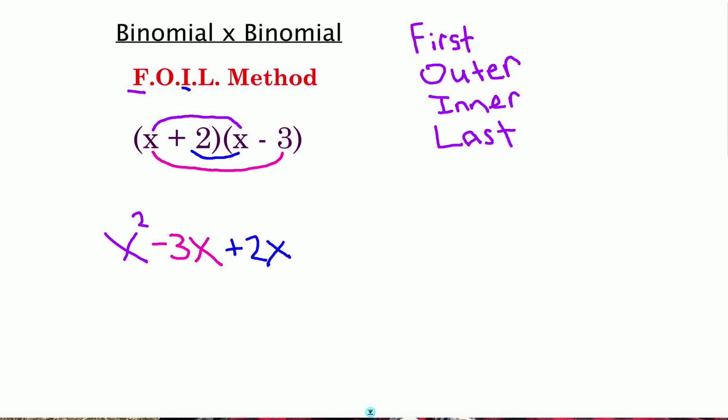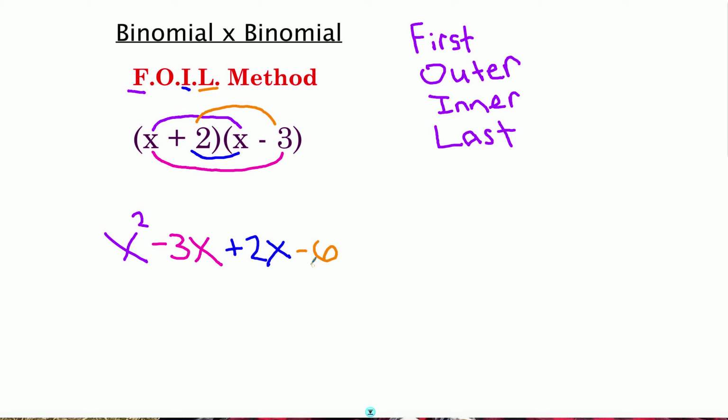And then the L stands for last. So I'm going to multiply the last term in this polynomial by the last term in this one, which is positive 2 times negative 3, which is negative 6. And so notice the x got distributed to both terms and the 2 got distributed to both terms.